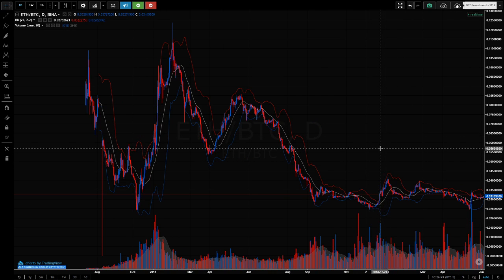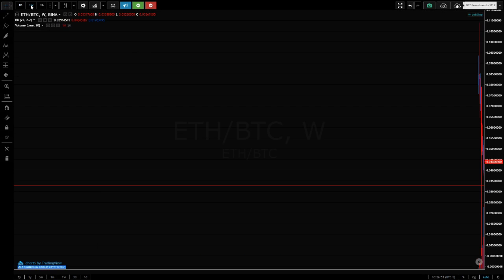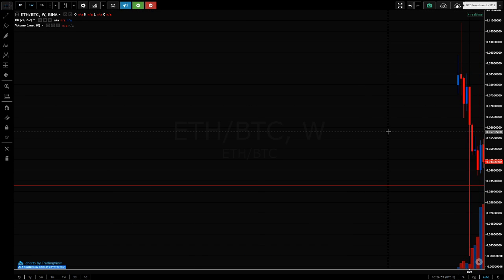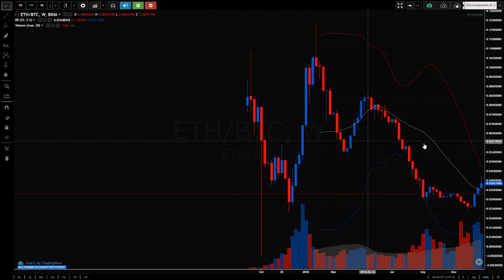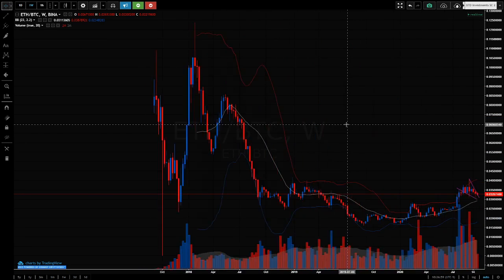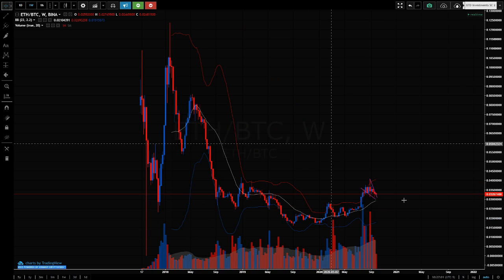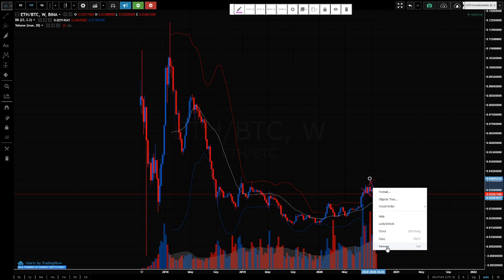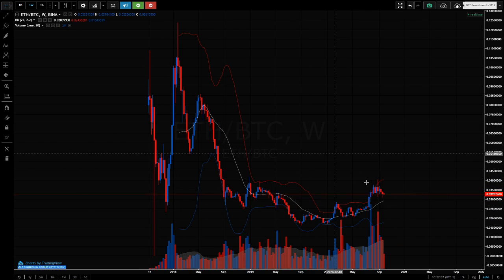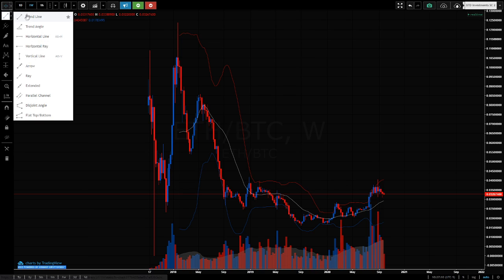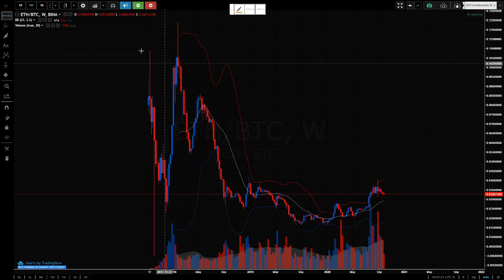If I'm trading days, I want to start with a longer term time frame. So if I'm going to be trading daily bars, I want to initially zoom out to weekly bars, and then I just want to identify peaks and troughs.